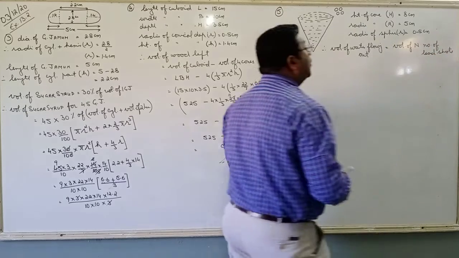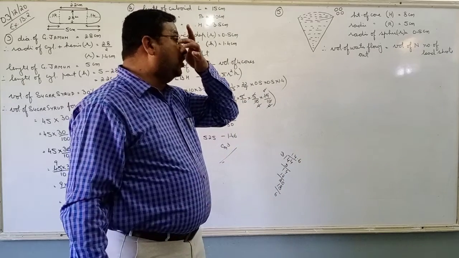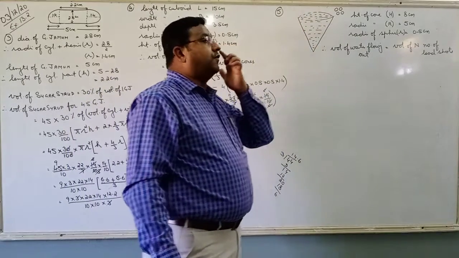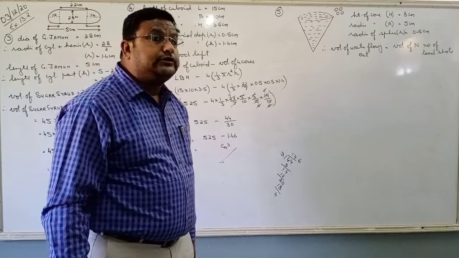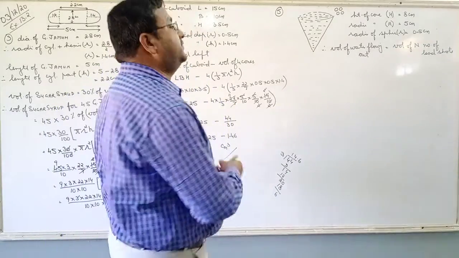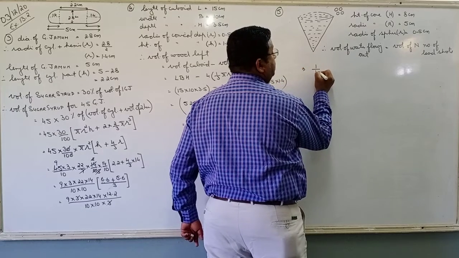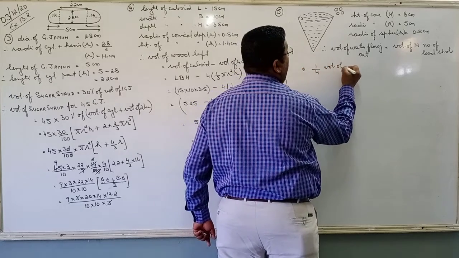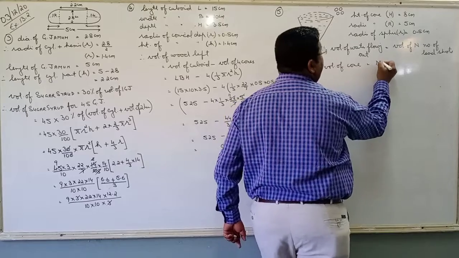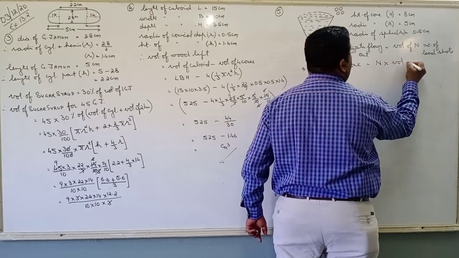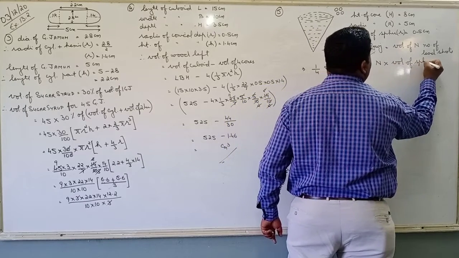Correct or not? Whatever is the volume of these lead shots, that much volume of water is falling out. And how much volume of water is falling out? 1/4 of this vessel. That is equals to 1/4 volume of cone is equals to n multiplied by volume of spherical shots.